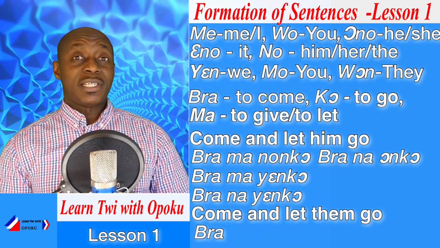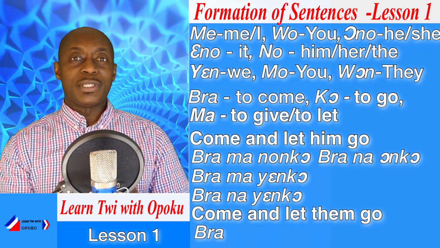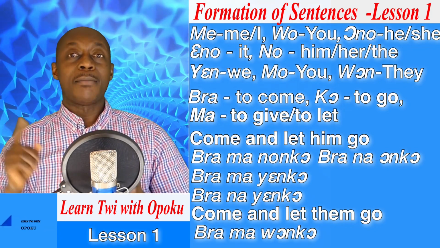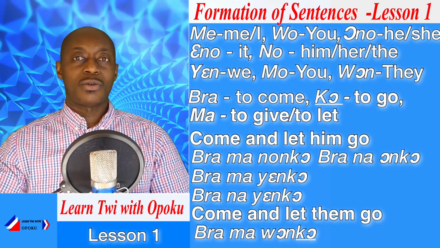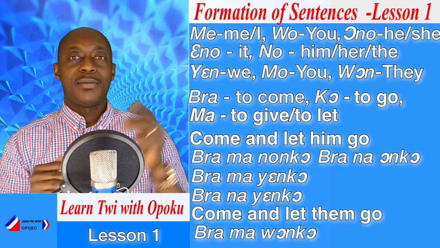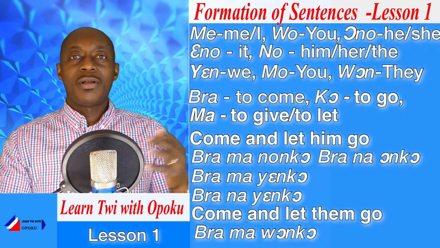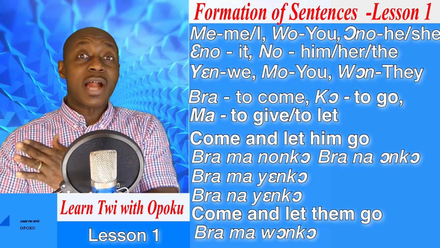So if you are going to say come and let them go, in Twi you will say bra ma wɔnkɔ. Wɔ, that is they. Ko, go. The ko did not change, though we are using a plural pronoun.